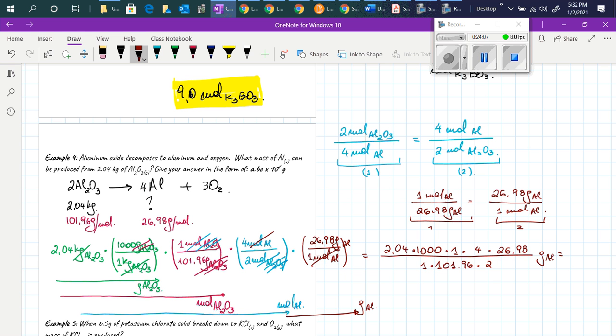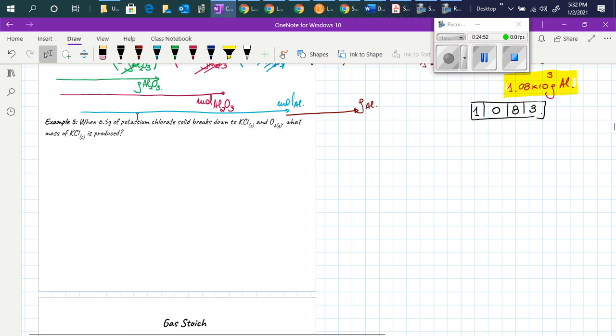When we perform this calculation and write it in the form A.BC times 10 to the power D, we have 1.08 times 10 to the power of 3 grams of aluminum. If this was a numerical response and I'm asking you to record only A, B, C, and D, what you have to write is 1, 0, 8, and 3 as your answer. I hope that this makes sense.